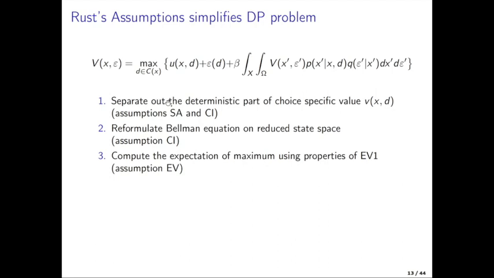Well, what it gives us is it allows us to separate out the deterministic part of the choice-specific value function. Okay, I've not defined this, I'm going to do it on the next slide, but you can really see it here, right? The value is only dependent on the observed state x and the discrete decision.